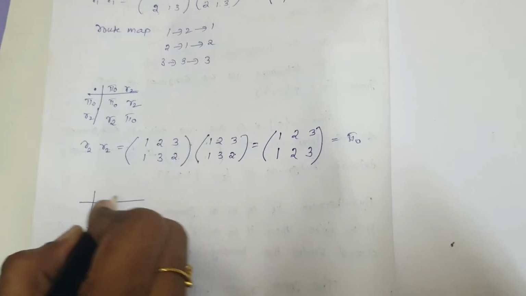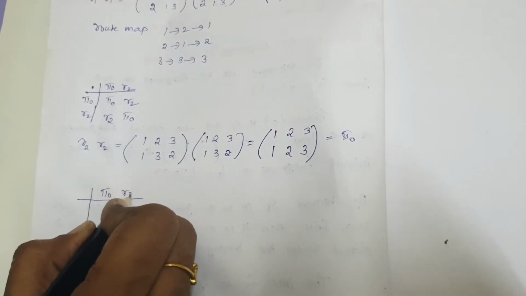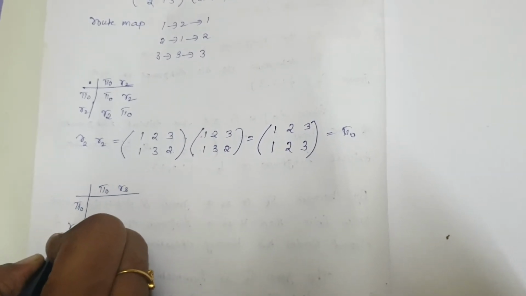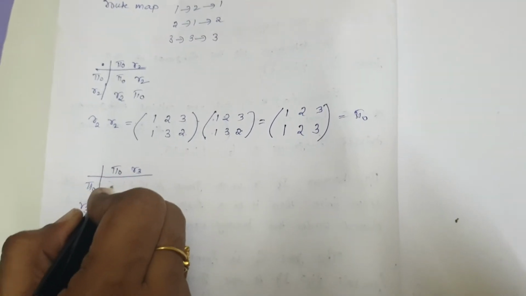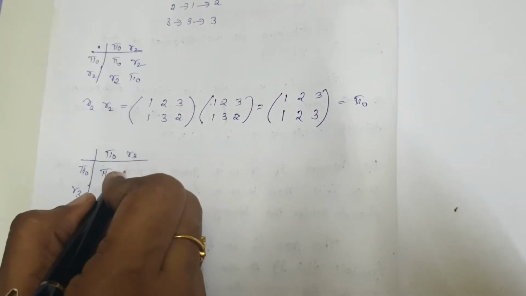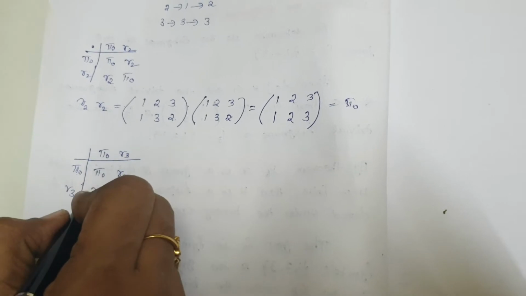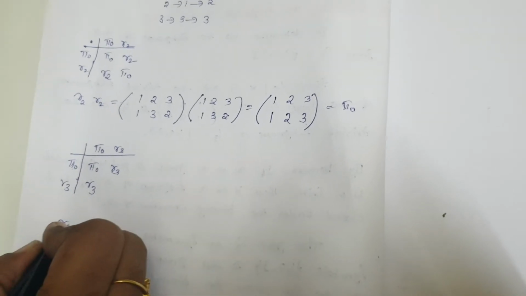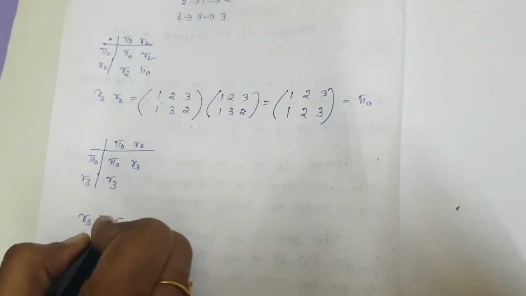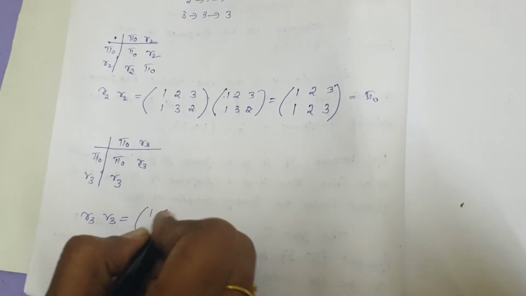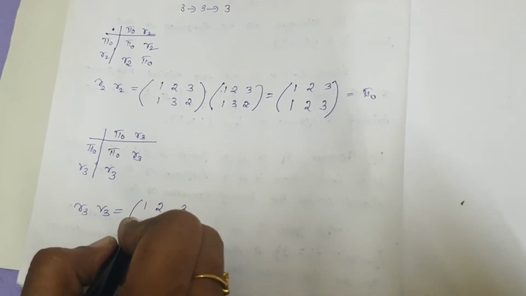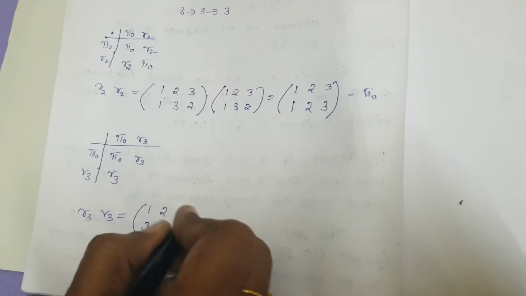Next I consider the set pi naught, R3. Pi naught into pi naught, answer is pi naught. Pi naught into R3, R3. Now you multiply R3 into R3. In the problem we consider that R3 value is 1, 2, 3, 3 to 1.